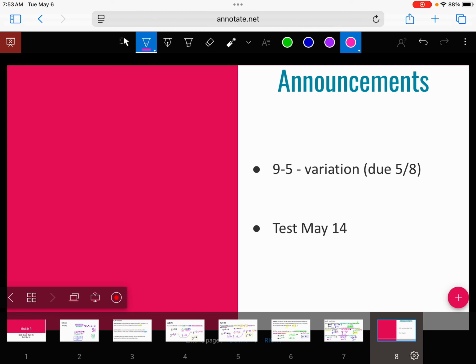Because the front is exactly what we were just doing using our variations. And on the back there's a section where it's just saying is it direct or joint or inverse based off of how the equation looks. So it's using all those same pieces. The only thing we really haven't done is the very top one on the back, which is the story problem. You might be able to figure it out. But if not, we're going to talk about it tomorrow.